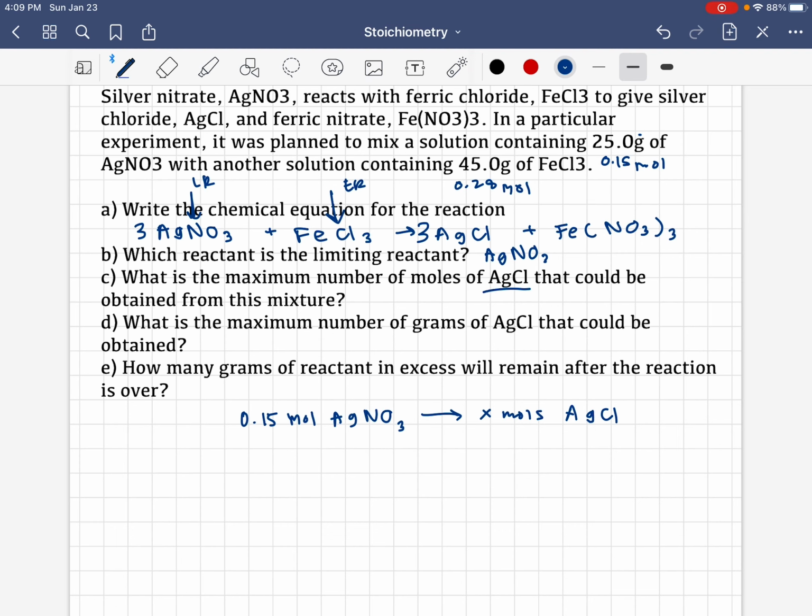Looking at our ratio, we see that 3 moles of AgNO3 produces 3 moles of this, which is a 1-to-1 ratio. But just to keep it simple, I'm going to keep it as 3 so we can see how it connects to this. Usually you can just write 1.